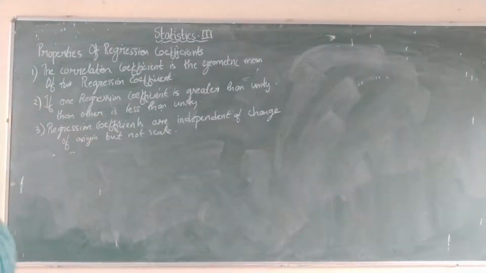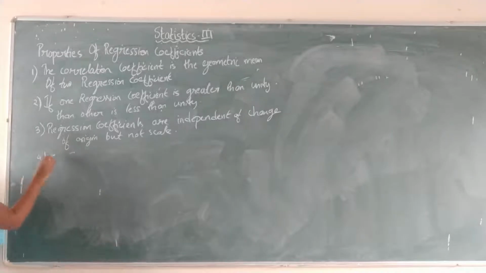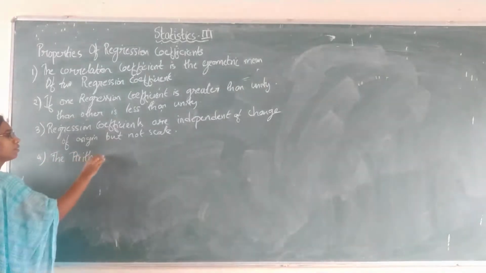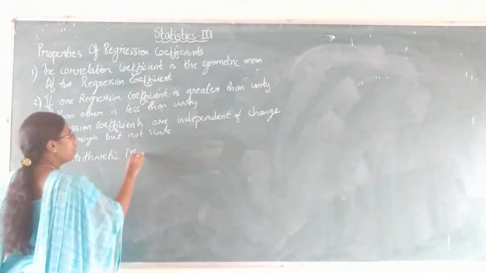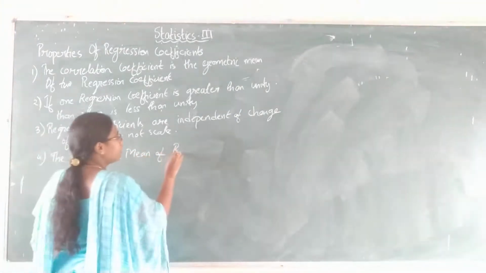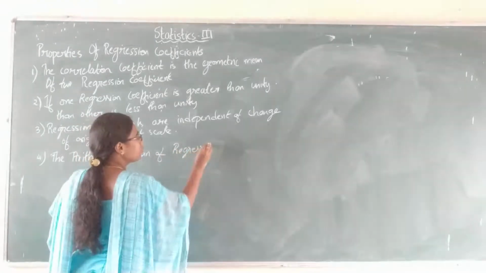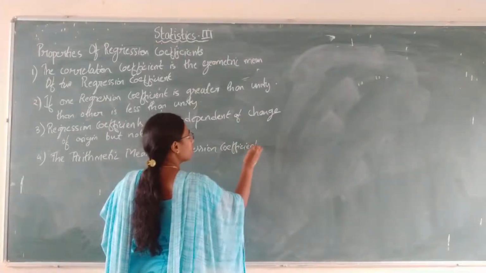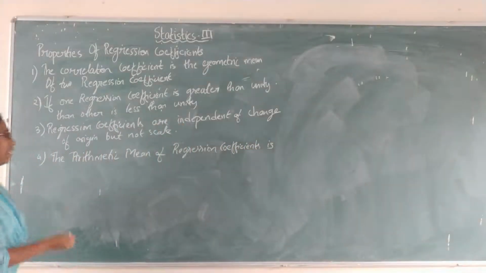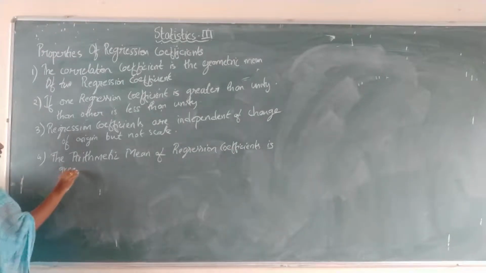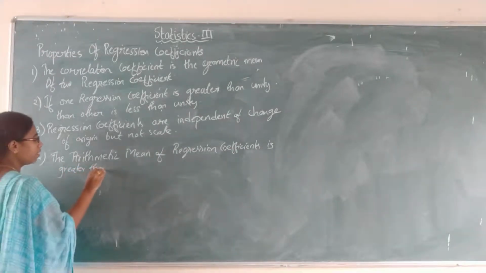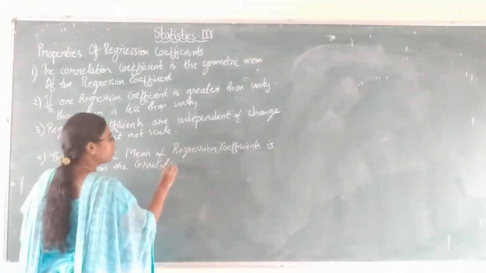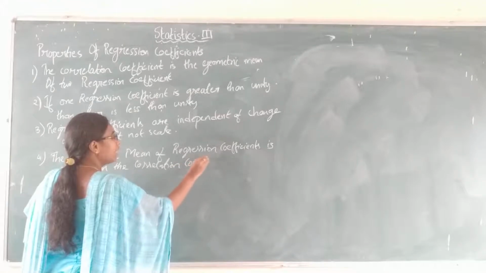Now next you will see the fourth property. The fourth property is: the arithmetic mean of regression coefficients is greater than the correlation coefficient. What is arithmetic mean?